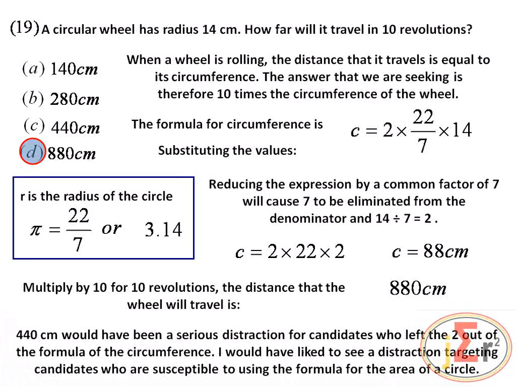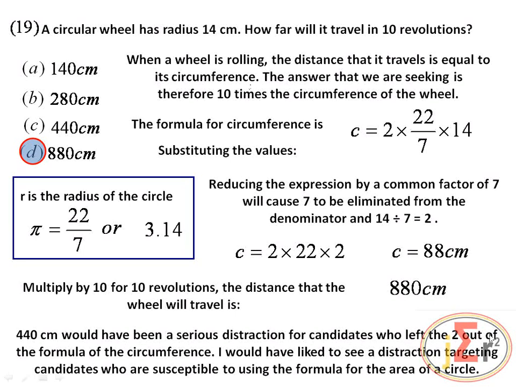440 centimeters would have been a serious distraction for candidates who left the 2 out of the formula of the circumference. I would have liked to see a distraction targeting those candidates who are susceptible to using the formula for the area of the circle instead.